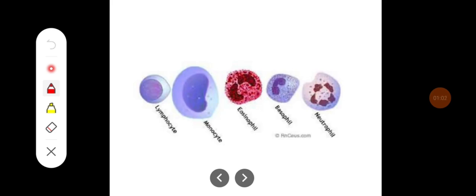These are the granulocytes and these are the agranulocytes. The granulocytes are the neutrophil, basophil, and eosinophils, whereas agranulocytes are mainly the monocyte and mostly the lymphocytes. The neutrophil size is around 12 microns.